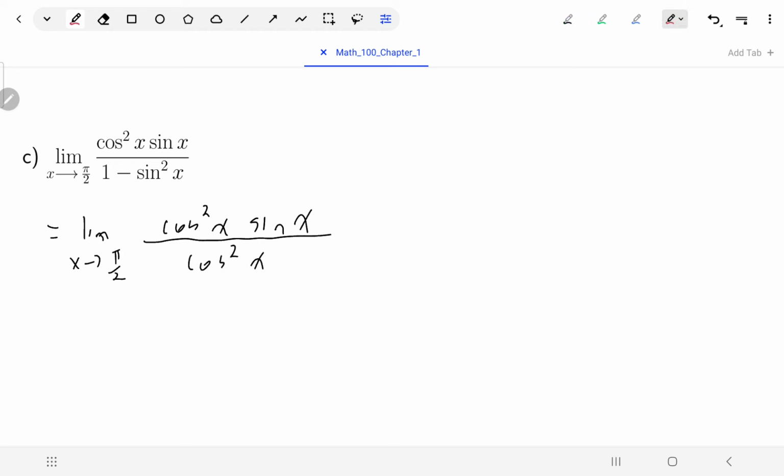And now I can see that I've got cosines that can be canceled top and bottom. Again, this function is not defined at pi over 2, but we don't care. We're interested in what's near pi over 2, and near pi over 2, the graph will look like just sine of x. And we know what happens to sine of x near pi over 2. Its y value gets closer and closer to 1.